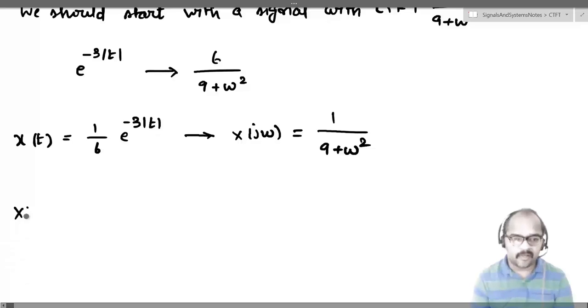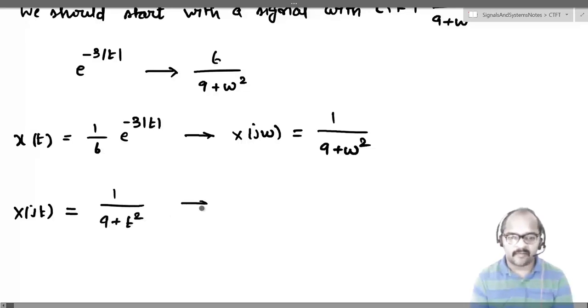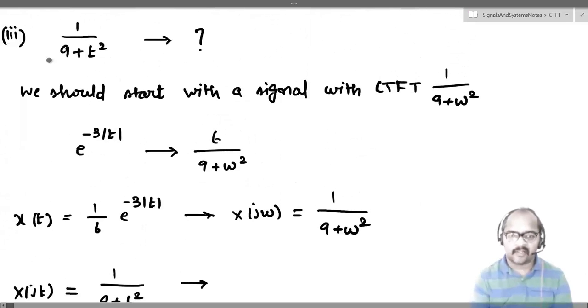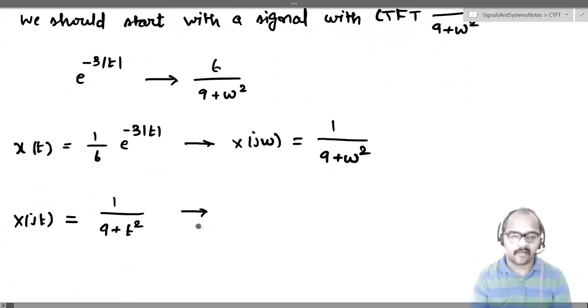Now let us follow the duality property. So what is x of jt? Definitely that is 1 by 9 plus t square, which is same as our required signal, right? What is our required signal? We want Fourier transform of 1 by 9 plus t square, and that is what we have got here. So this fellow will have what as Fourier transform?